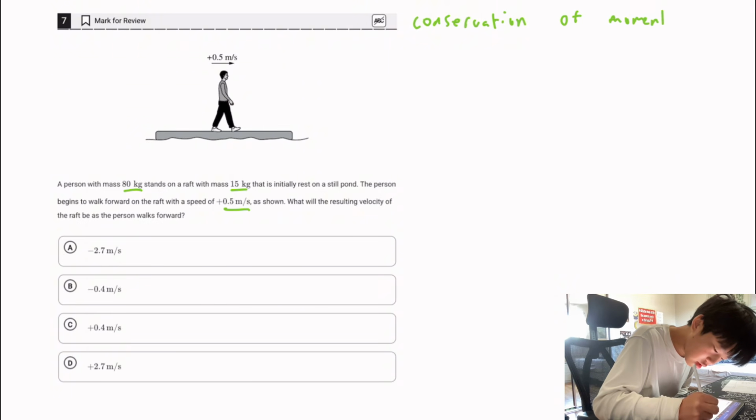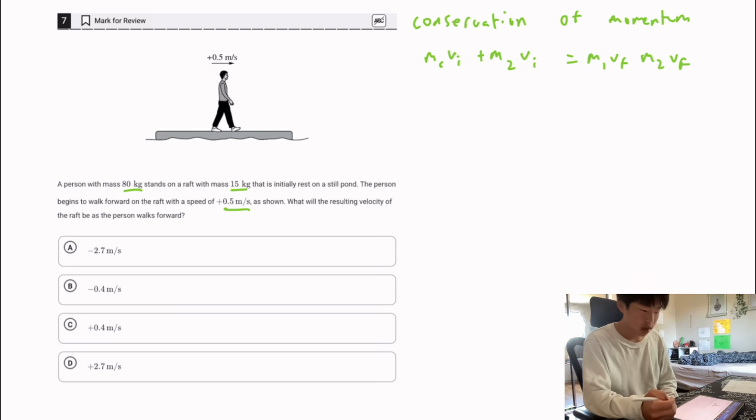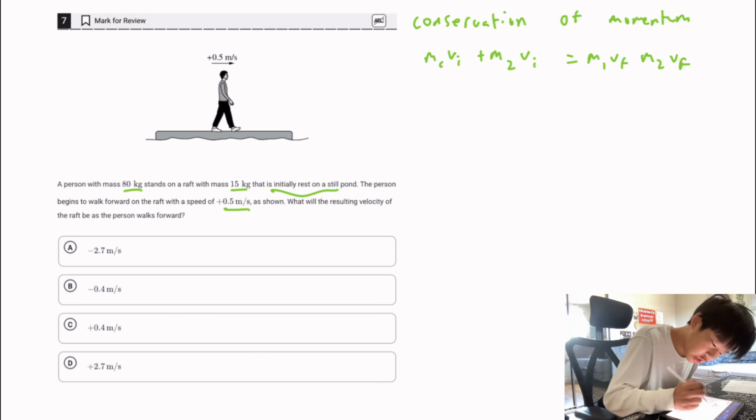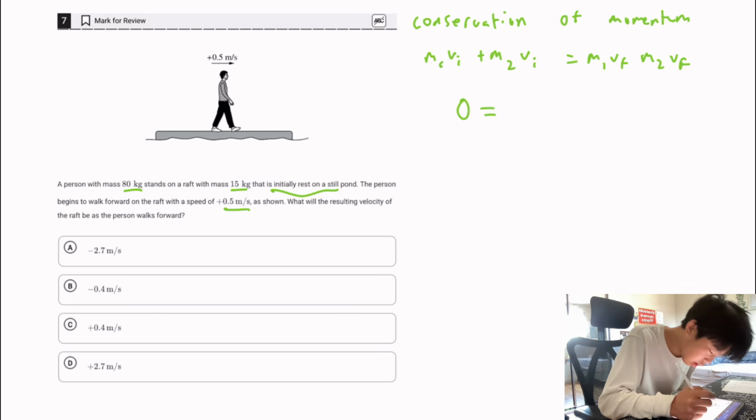So what is the initial velocity? It's a trick question because it's 0. They're initially at rest. So 0 is equal to mass 1. What is mass 1? I'm going to make it the person. This guy can be Gert.